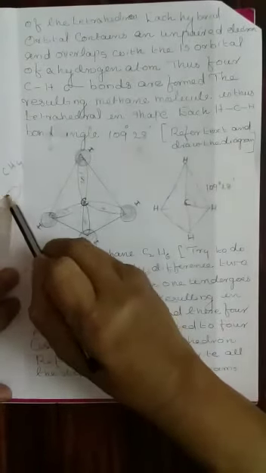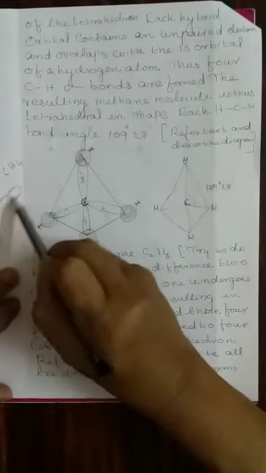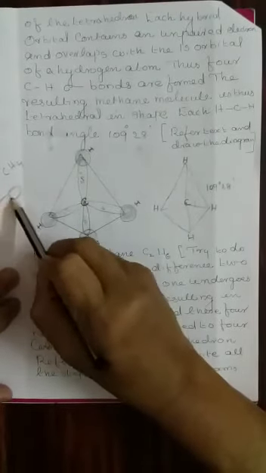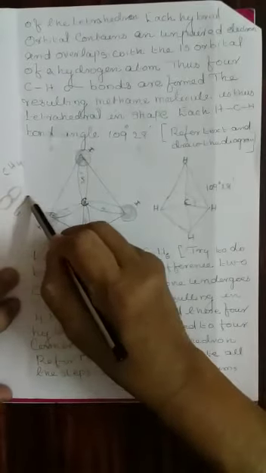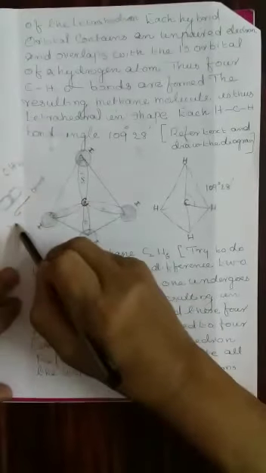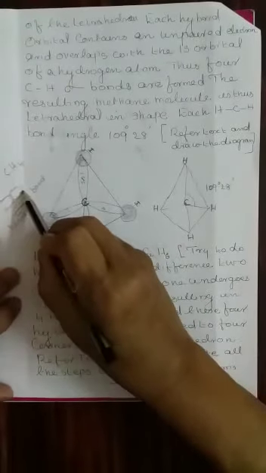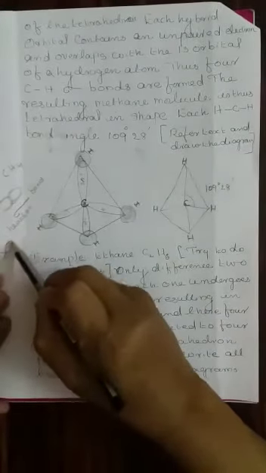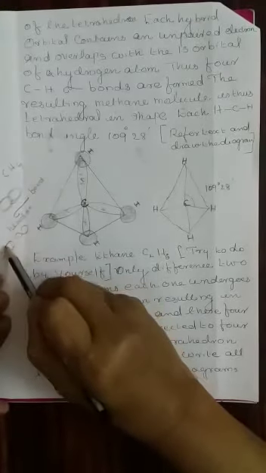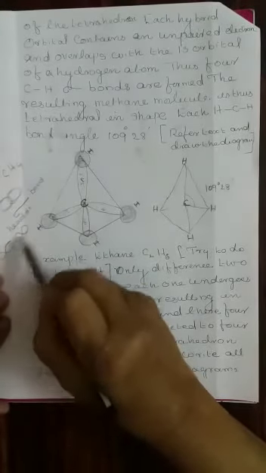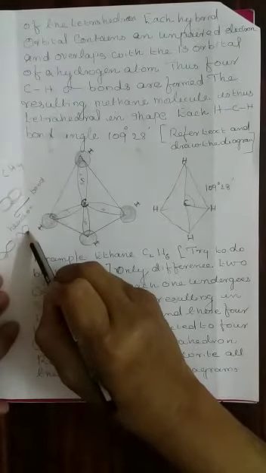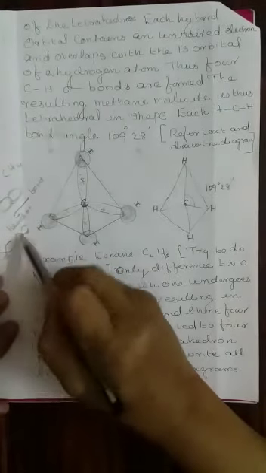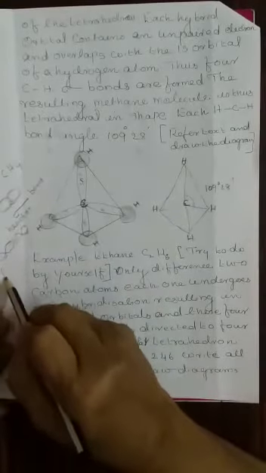This type of overlapping is called head-on. Head-on overlap results in the formation of a sigma bond. Whereas p orbitals can undergo head-on overlap, but they can also overlap like this.